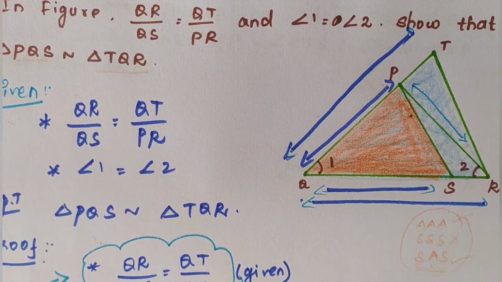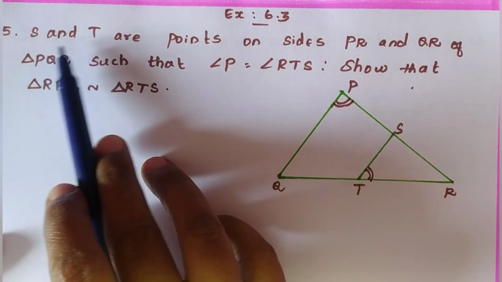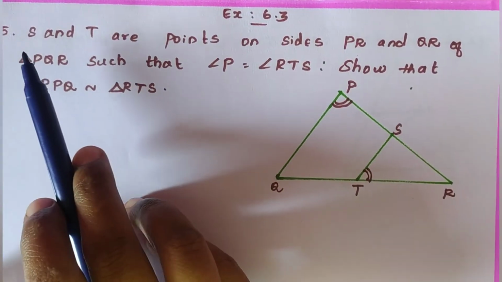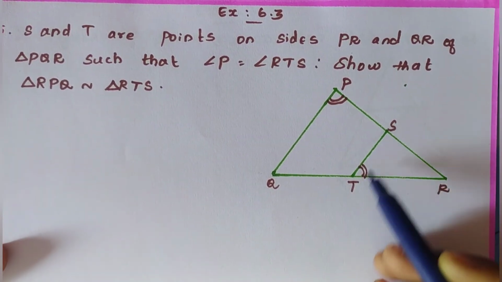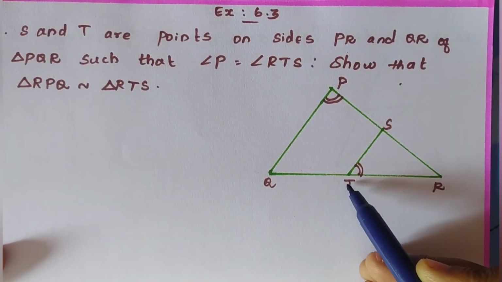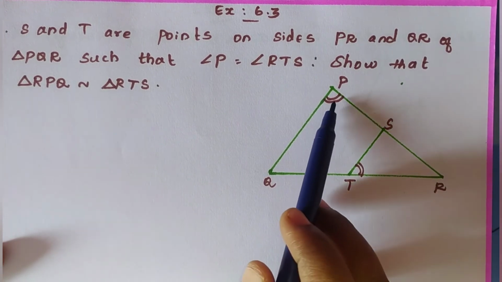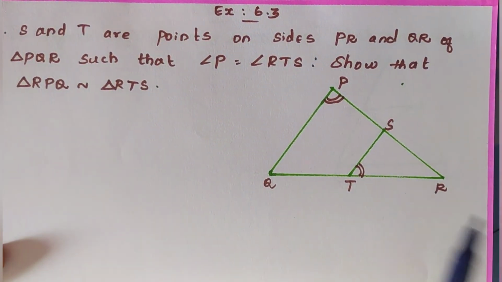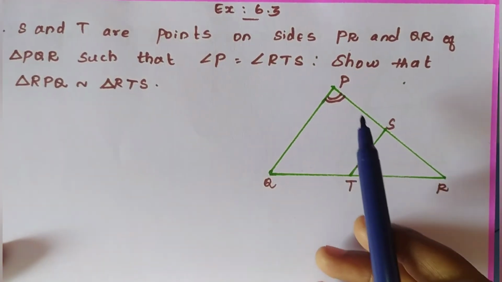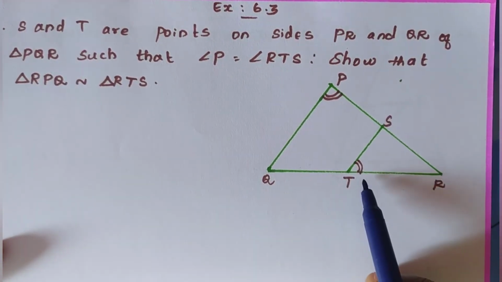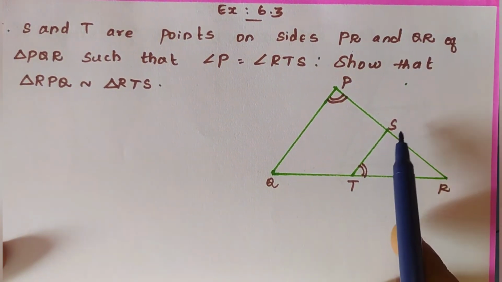Thank you. Next, fifth problem in exercise 6.3. S and T are points on the sides PR and QR of a triangle PQR such that angle P is equal to angle RTS.